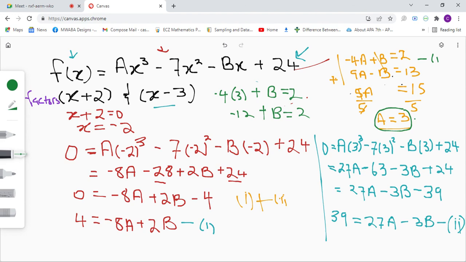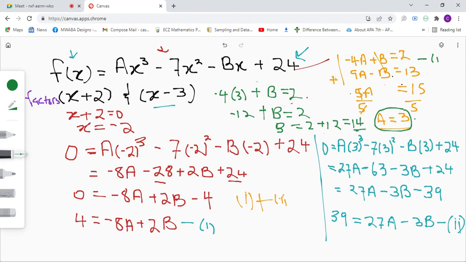We take the negative 12 over to the other side, so it becomes positive 12. So b equals 2 plus 12, and b equals 14.